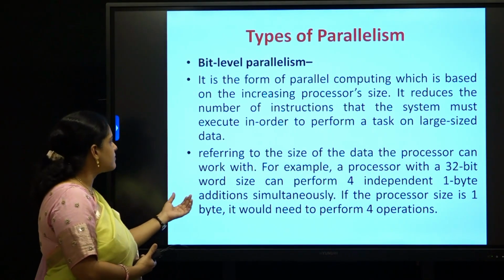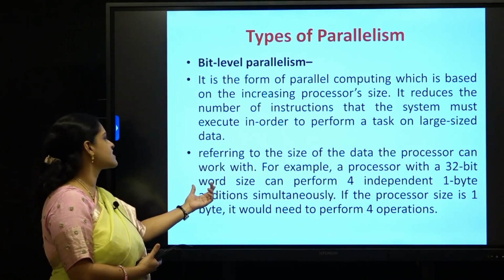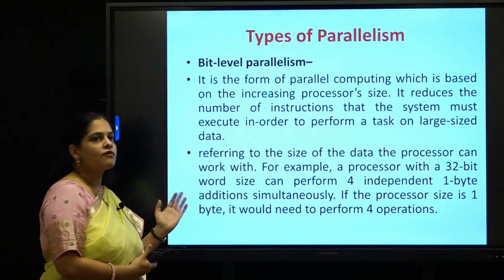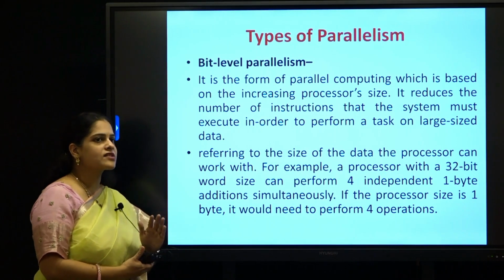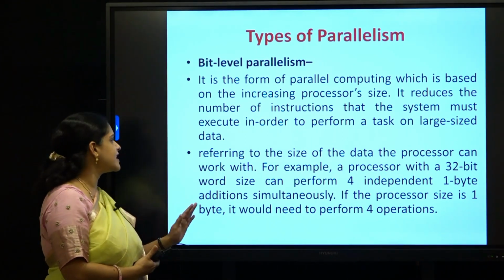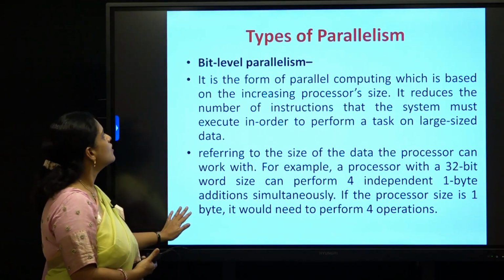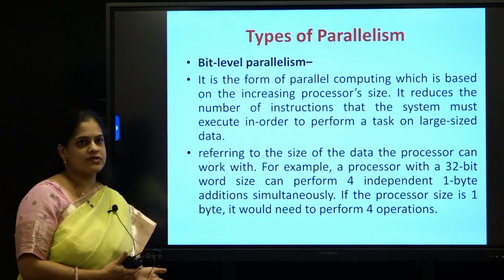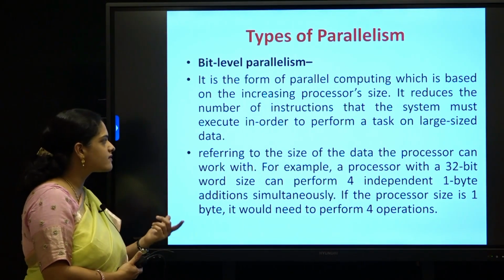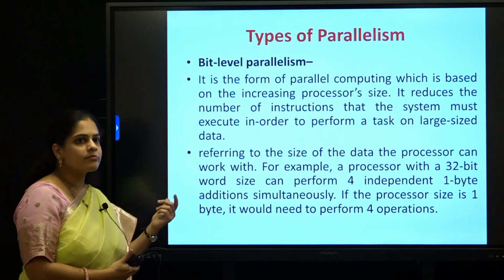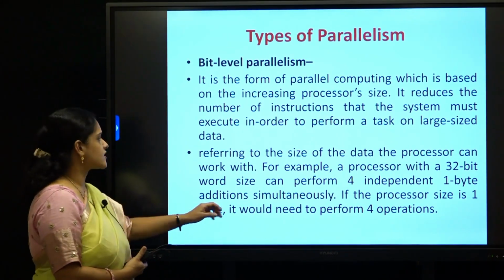Then, based on the size of your processor, which is a 32-bit word size, it can execute 4 independent 1 byte addition operations simultaneously. So this is called bit level parallelism. Based on the size of your processor word, you are going to perform parallelism among your instructions.